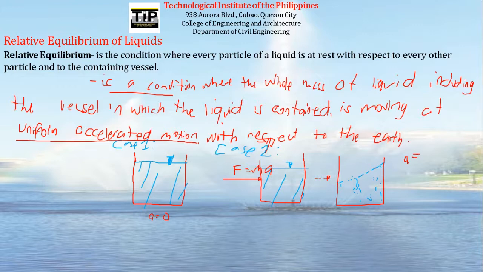Okay? Now, sir, what if we have a beaker that is in constant motion but with 0 acceleration? Then we can say that the water inside of that container is still in equilibrium, just like in case 1.